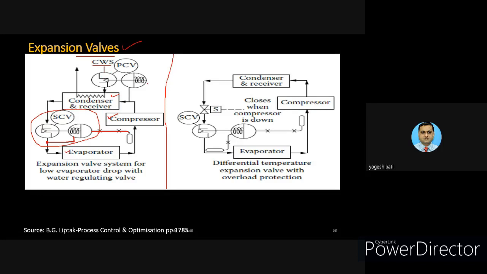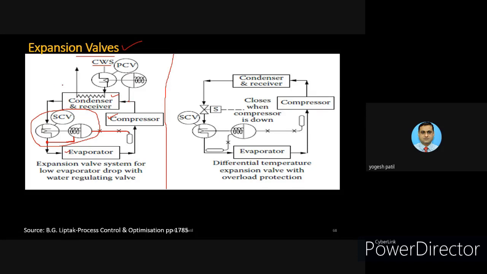That can be done by measuring the output of the compressor. You can see the output of the compressor is detected here, and based on that, this valve gets operated.